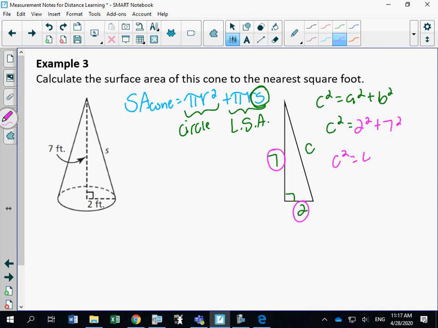C squared is equal to 4 plus 49, which is 53. And in order to get C by itself, it would be the square root of 53. So this distance here is the square root of 53.